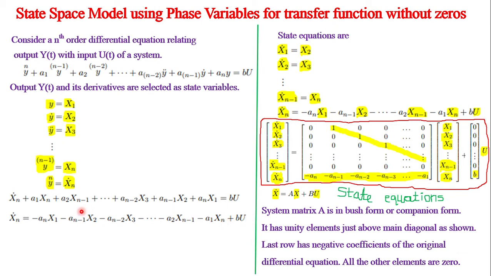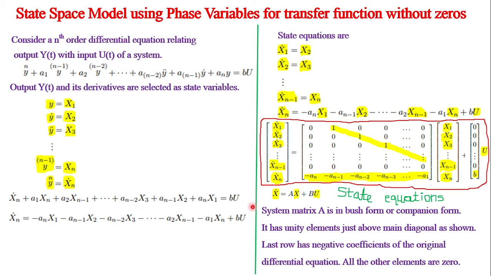So this is going to be the state equation corresponding to the nth derivative. Actually we have to write n state equations because we know very well that if the order of the system is n, we have to have n state variables. So n state variables and n state equations. And developing the state equations is nothing but decomposing an nth order differential equation into n first order differential equations.